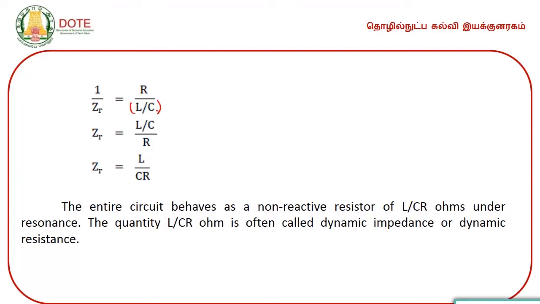Then ZR is equal to the reciprocal of L by C by R, which is equal to L by CR. So, the entire circuit behaves as a non-reactive resistor of L by CR ohms under resonance. The quantity L by CR ohm is often called the dynamic impedance or dynamic resistance.